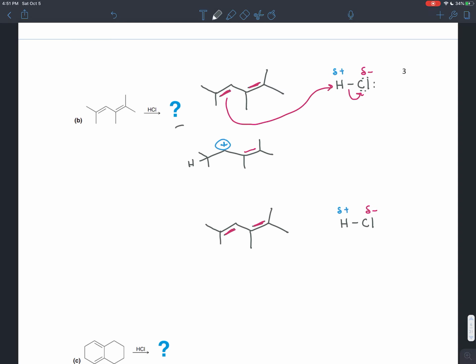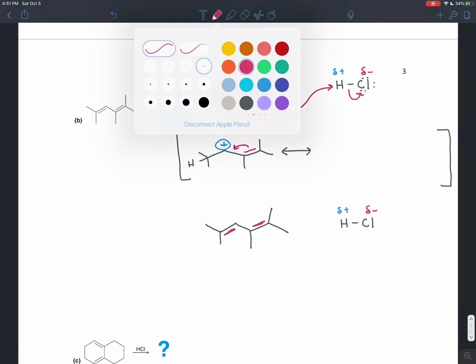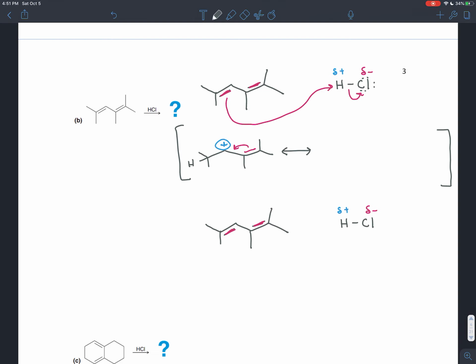And because we have an allylic positive charge, we know we have resonance. So we have to warn the world with brackets. Those brackets are telling people neither of the structures we're drawing here are the true structure. The true structure is the average of these 2. To draw the other resonance structure, the curved arrow pattern is that the pi electrons go toward the carbocation.